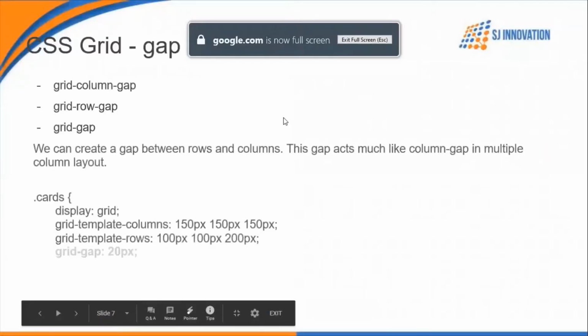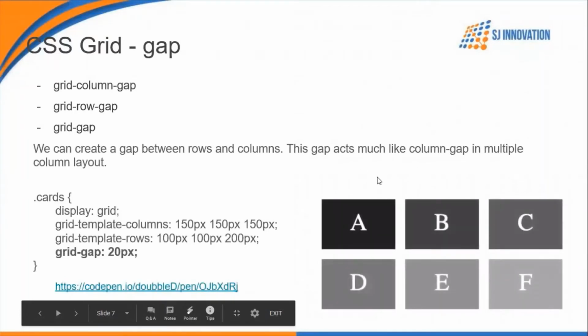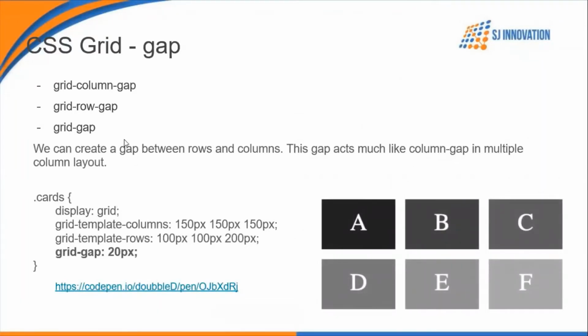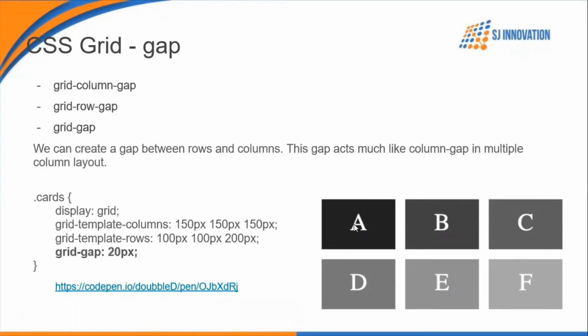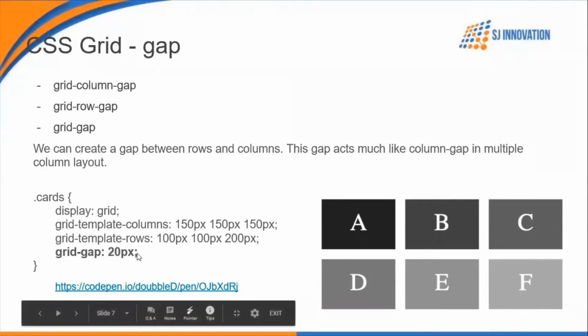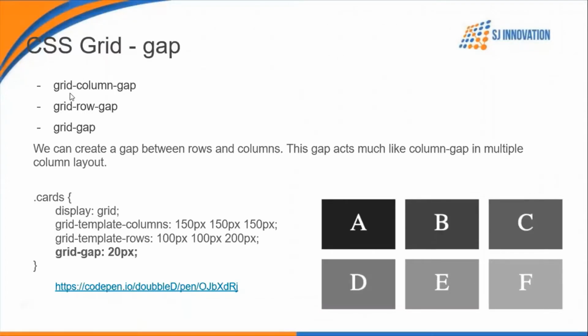After that, if we need to create a gap, we can do it easily with grid gap. I just created a 20 pixel gap between the columns and rows. Here you see grid column gap only.